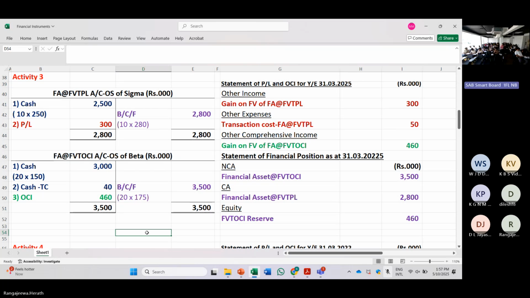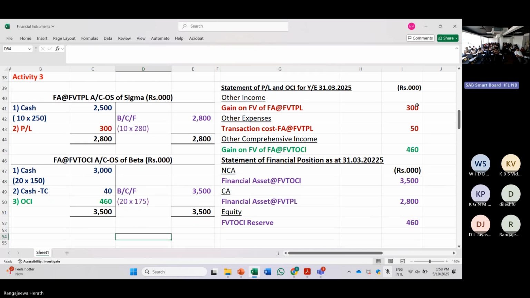So you can find the financial statement extracts. The statement of profit or loss and OCI. Other income, gain on fair value of the financial asset, fair value through P&L 300.